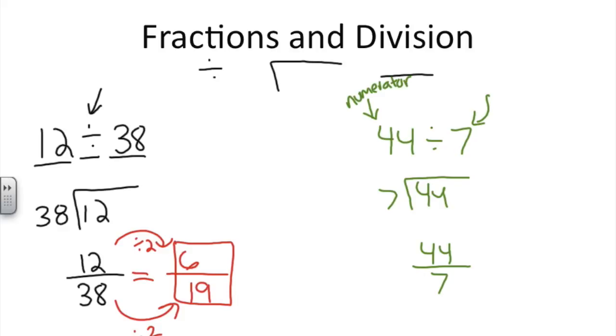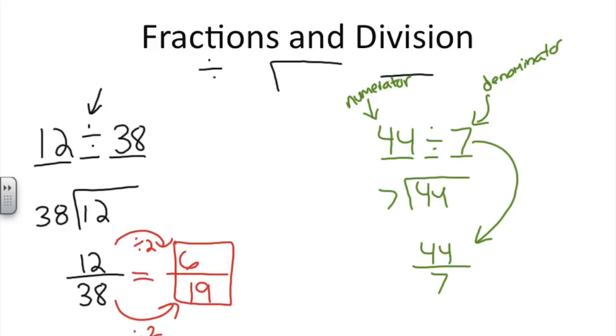And the divisor becomes my denominator when I change it into a fraction. So 44 divided by 7 is going to be changed into the following fraction. This now is an improper fraction, so I have to change it into a mixed number.